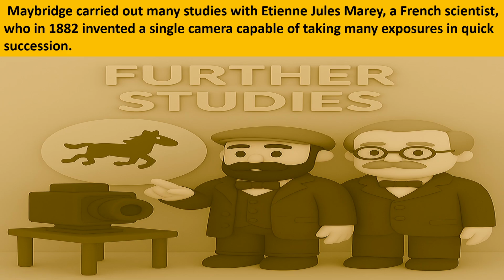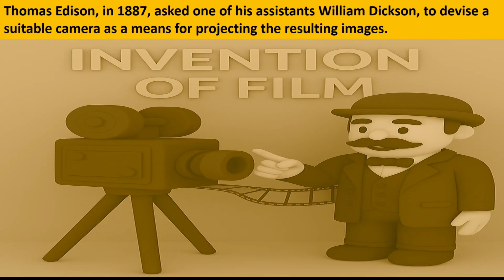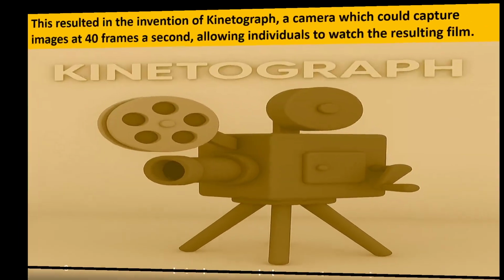Muybridge carried out many sittings with Etienne Jules Marey, a French scientist who in 1882 invented a single camera capable of taking many exposures in quick succession. Thomas Edison in 1887 asked one of his assistants, William Dickson, to devise a suitable camera as a means for projecting the resulting images.